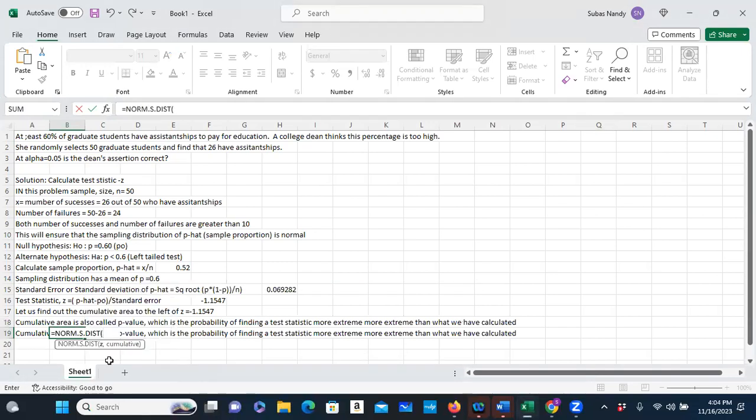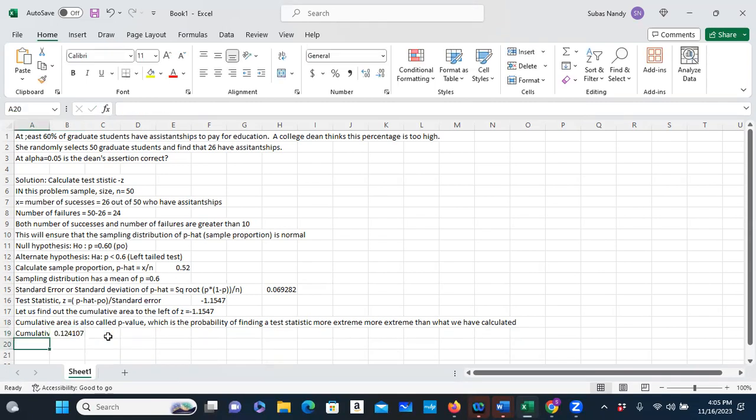My Z is minus 1.1547, and I want the cumulative area. So for cumulative, I say true. And that cumulative area is 0.124. This is equal to the p value.